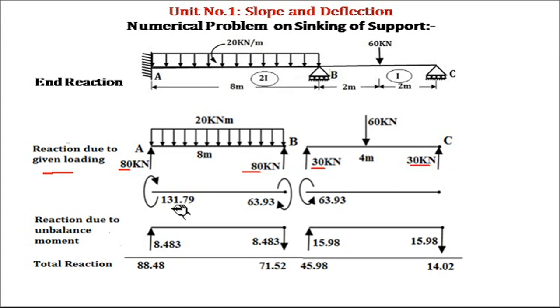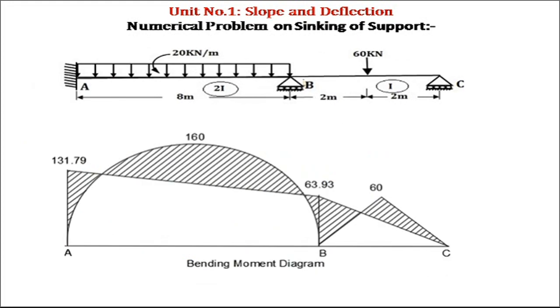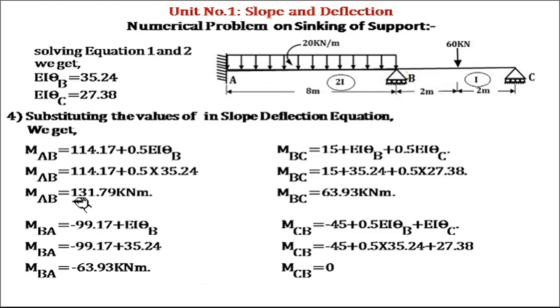Now we have to find out the reaction due to the unbalanced moment. So in member AB, the value of moment is 131.79, it is plus.